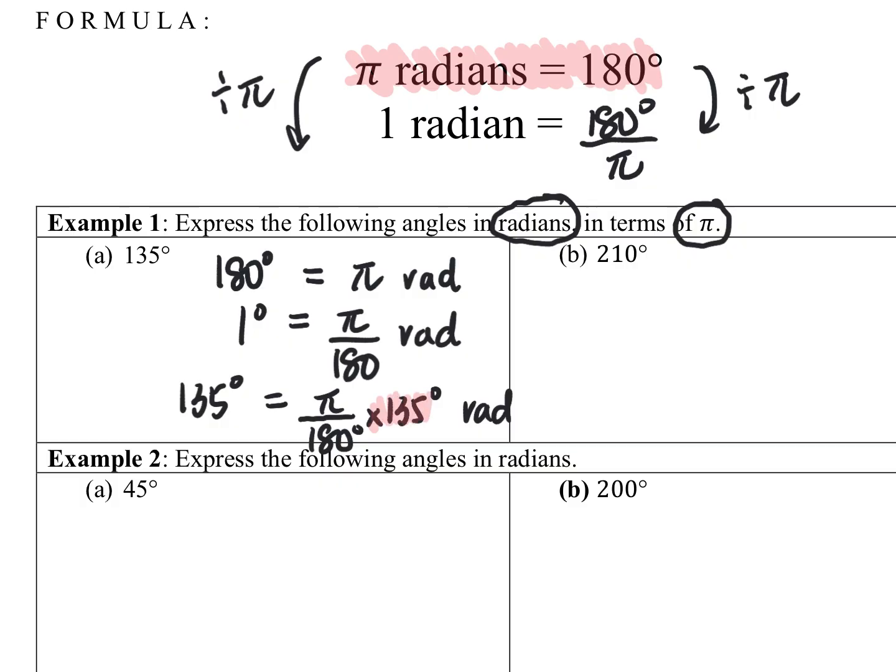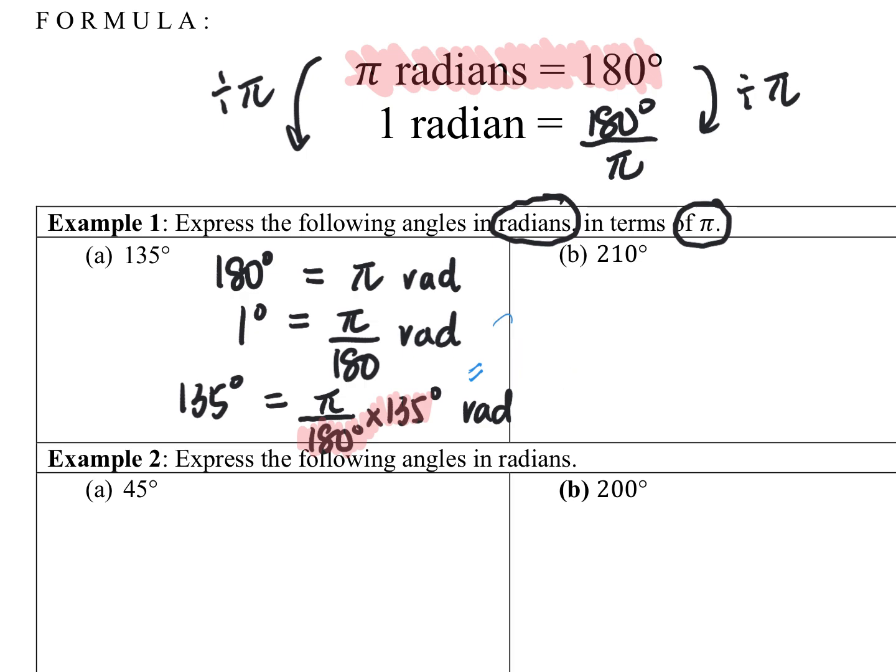Just press this on the calculator and see what the fraction gives you. What is 135 over 180? Three quarters, is it? So your answer is just this. They say leave it in terms of pi, which means don't go and evaluate the pi. Just evaluate the number and give your answer in terms of the fraction.